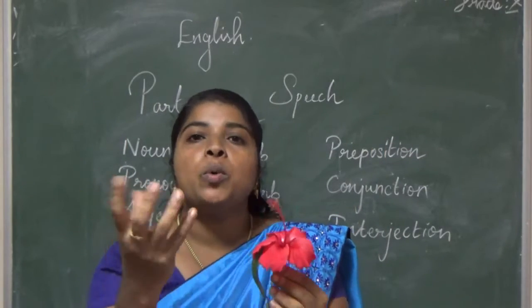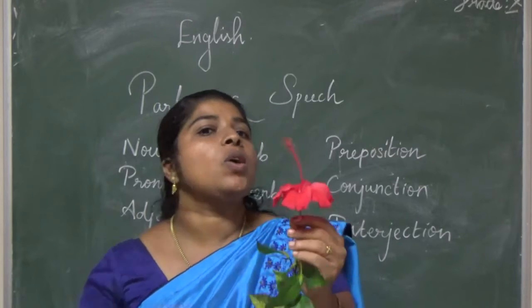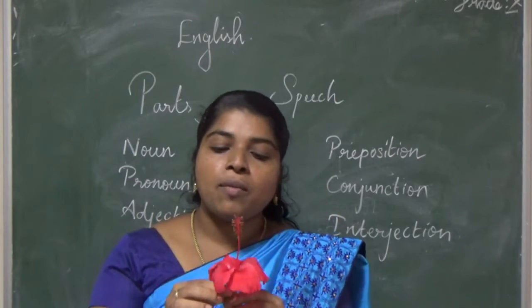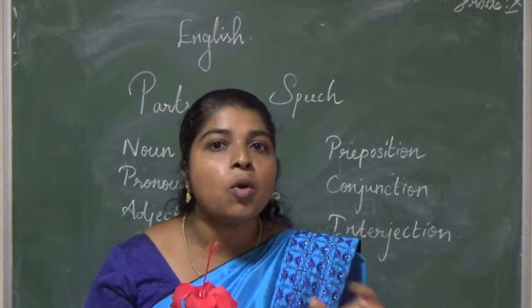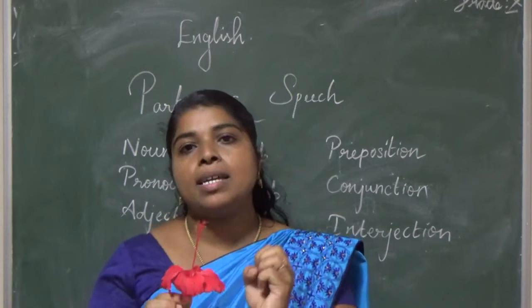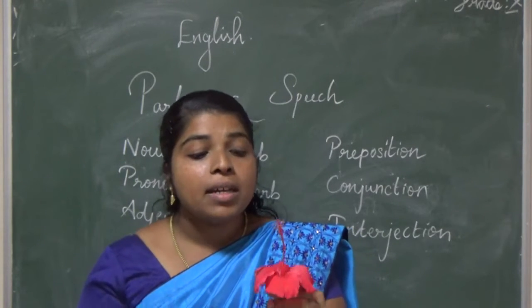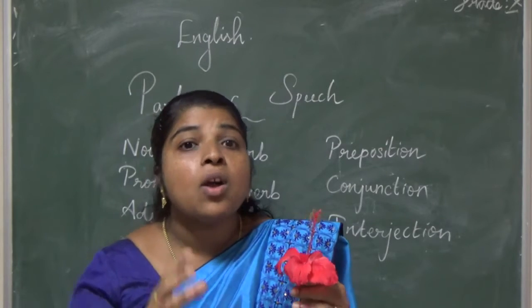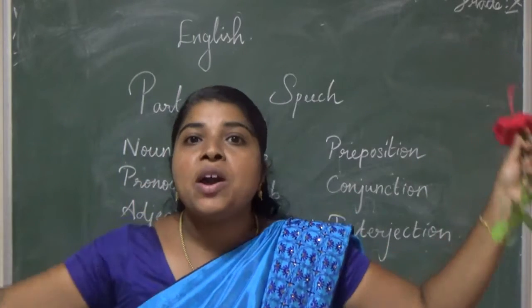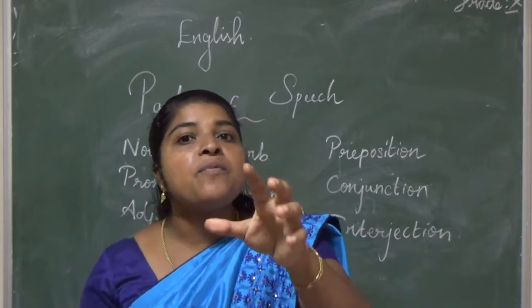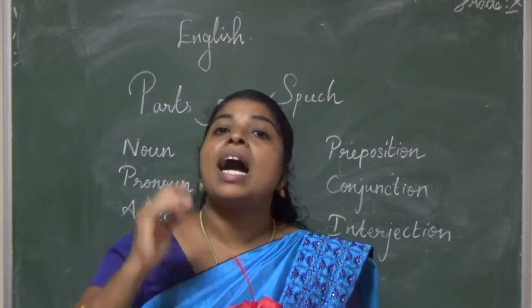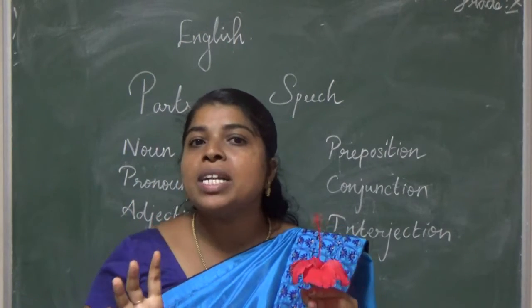Bloom is an action, so that is the verb. Flower is a noun, bloom is a verb, the action. Got it? Now I am saying, in spring season, the flower blooms everywhere. This everywhere is an adverb. Got it? 5 parts of speech we described with this.